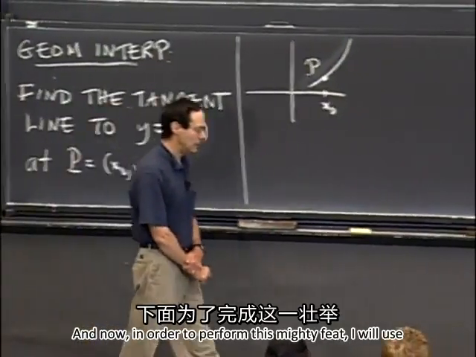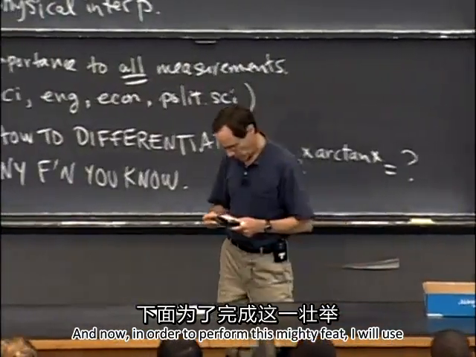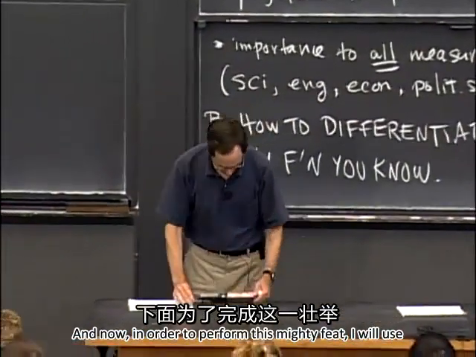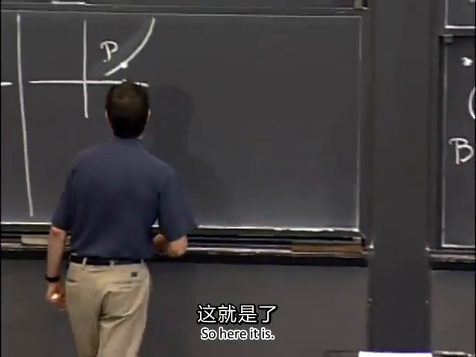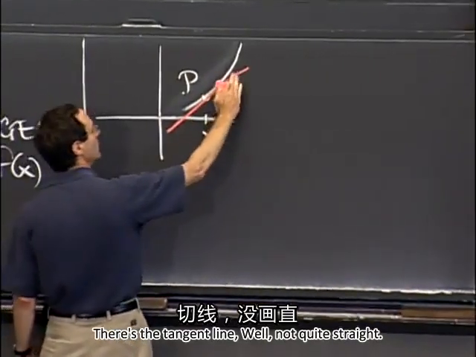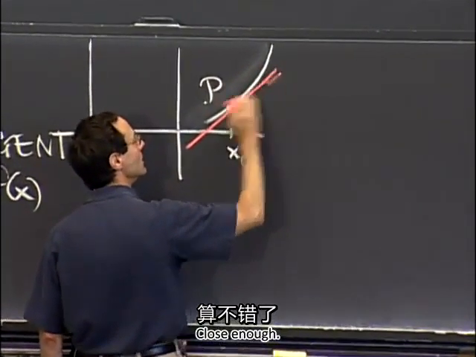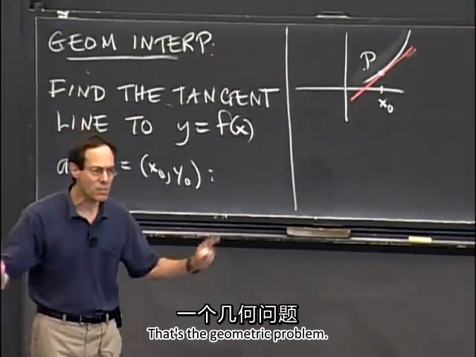And now, in order to perform this mighty feat, I will use another color of chalk. How about red? Okay, so here it is. There's the tangent line. Well, not quite straight, close enough. All right, I did it. That's the end. That's the geometric problem.